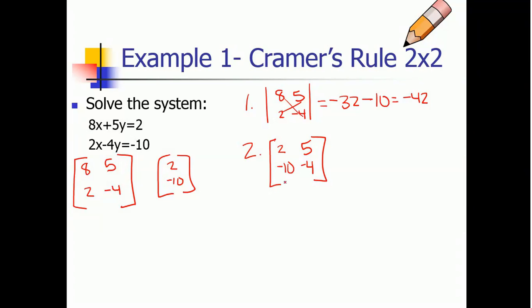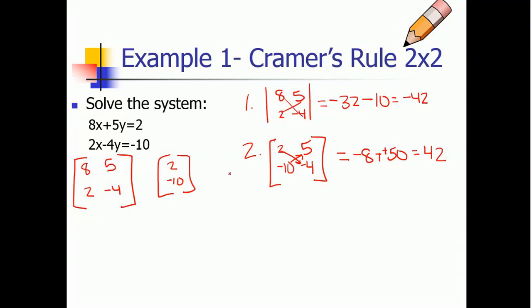And we need to find the determinant of this. So 2 times negative 4 is negative 8, and negative 10 times 5 is negative 50. So subtract a negative 50. So basically, I'm going to get 42, right? Let's keep that in mind.